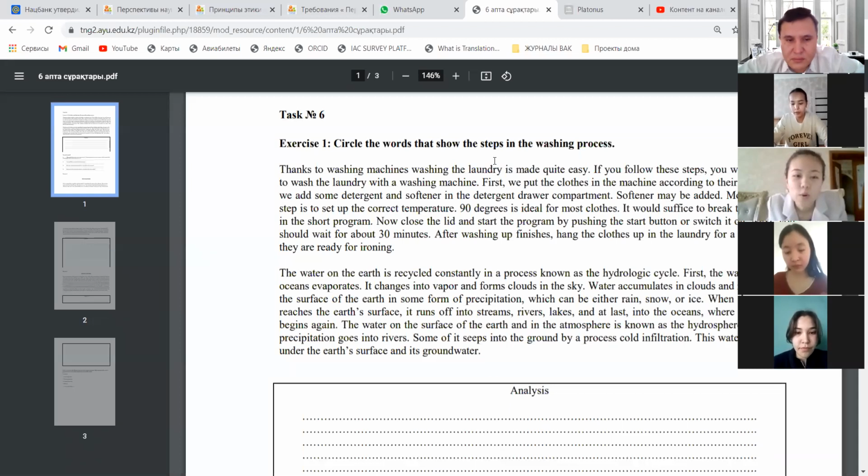Not all precipitation goes into rivers. Some of it seeps into the ground by a process called infiltration. This water collects under the Earth's surface and is groundwater.